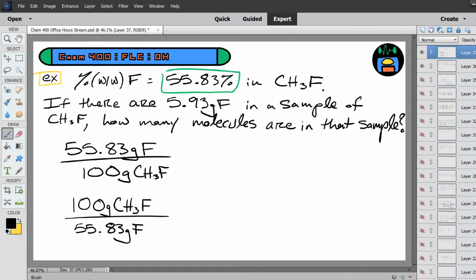And you'll notice that if you multiply your mass of fluorine by the second ratio, look what cancels. Grams of fluorine cancel grams of fluorine. And what are you left with? Well, we can crunch these numbers. Let me grab my calculator.